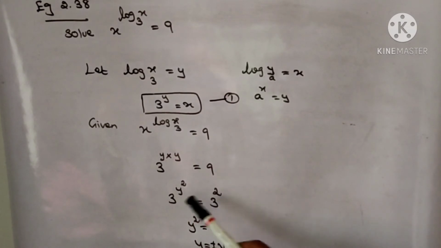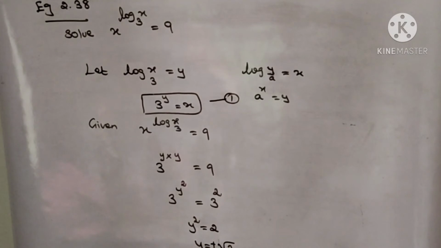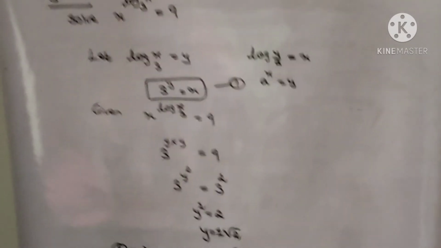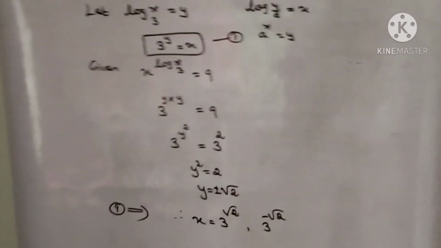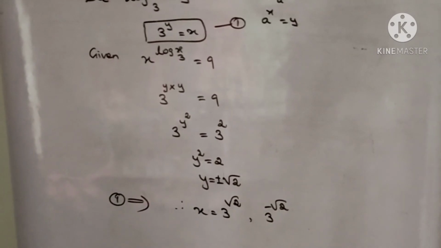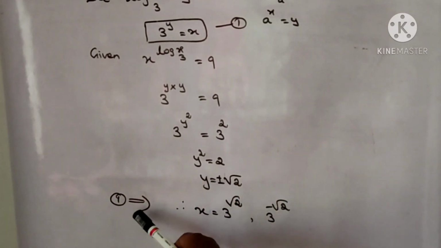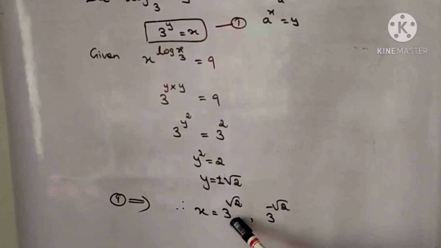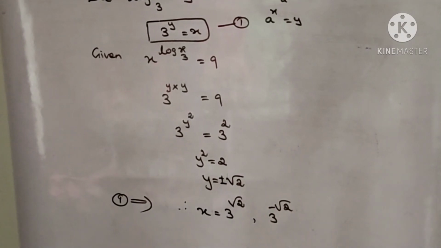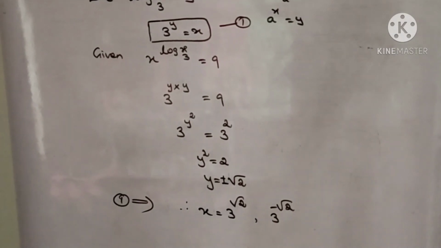So comparing both sides we get y square is equal to 2. So what's the value of y? Y is equal to plus or minus root 2. So substitute again the value in the first equation. So x is 3 power root 2 and x is 3 power minus root 2.